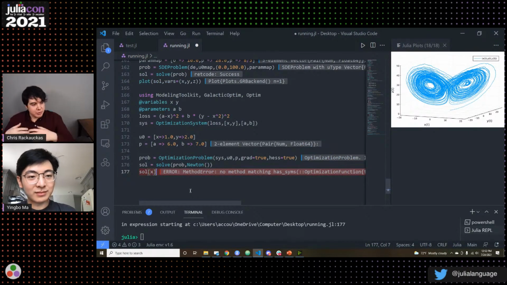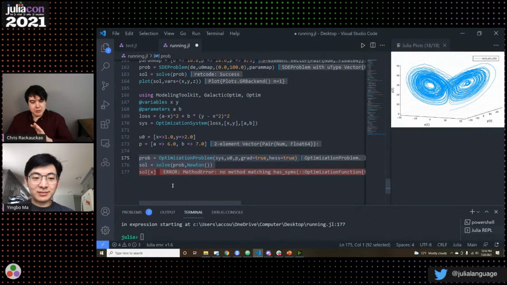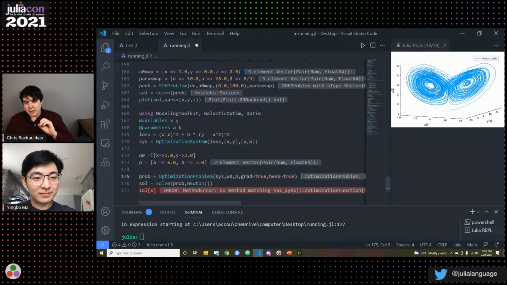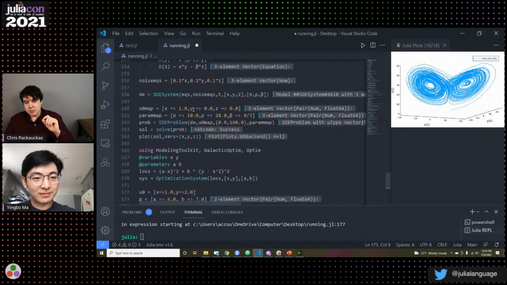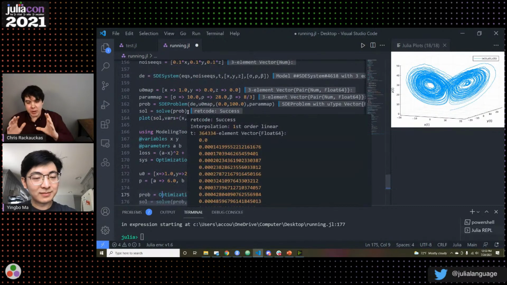There's a way, for example, to define constraints and such, but it doesn't necessarily pass all the constraints onto all the solvers yet, which is why the documentation currently says optimization is a little bit of a work in progress. But you can see how this is going to be a very nice system for optimization. One of the things that should be coming soon, right? As I mentioned, you can put nonlinear systems inside of ODE systems and it'll upconvert and such.